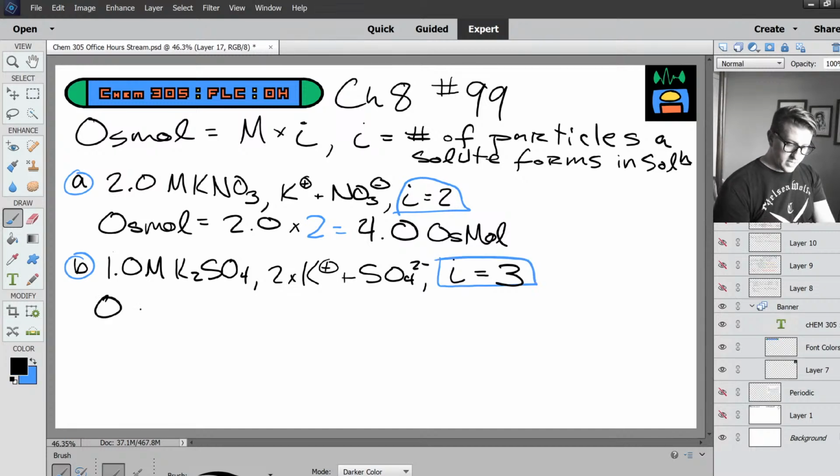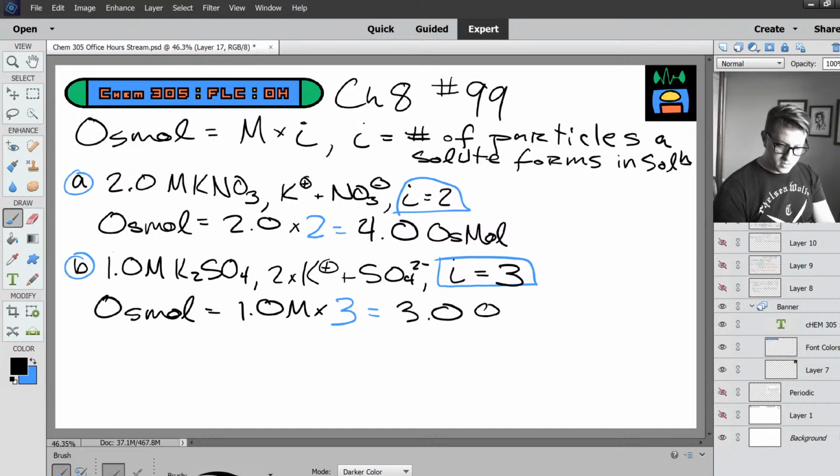So our osmolarity is 1.0 molar times 3. So that equals 3.0 is our osmolarity for solution B. C.